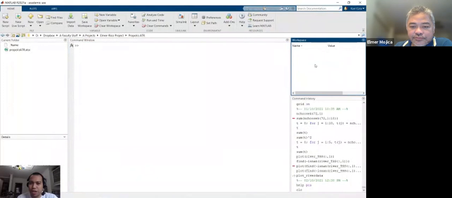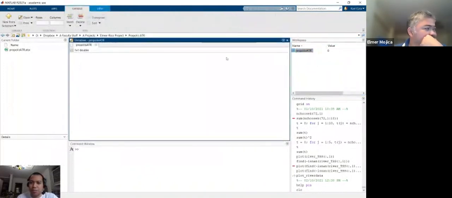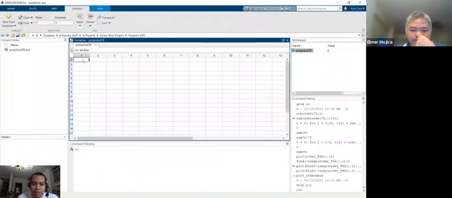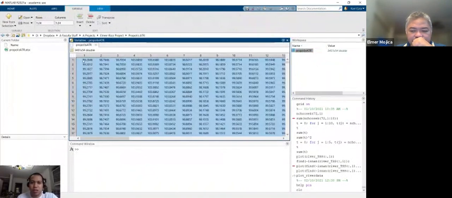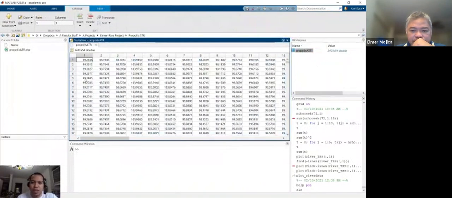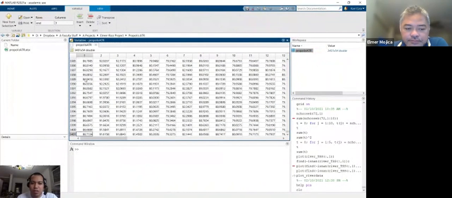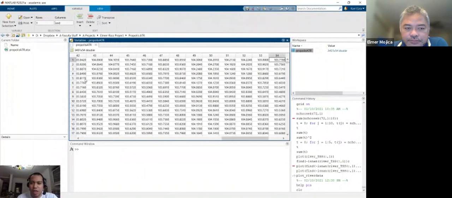Then, create a new variable, Propolis ATR, for example. Then, double-click that new variable. Then, paste the data. So, purely numbers lang yung nandito po. Okay, 3,401 and 54.